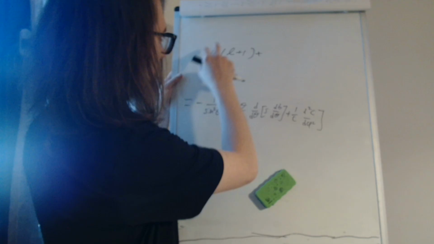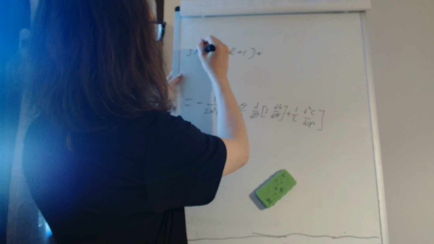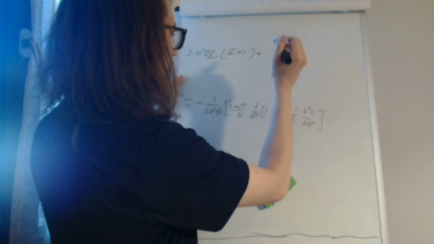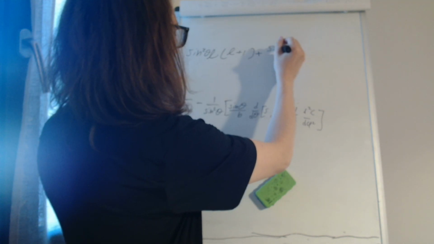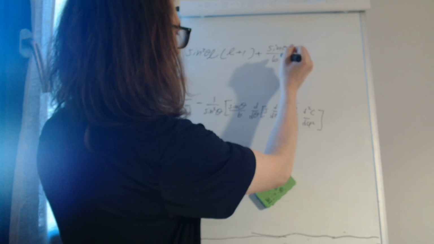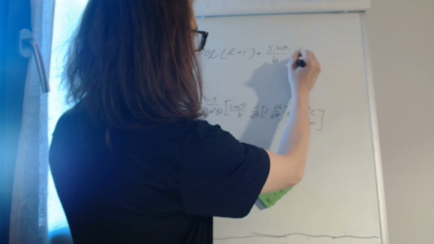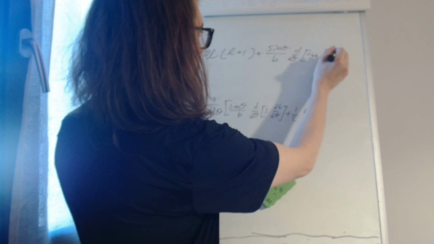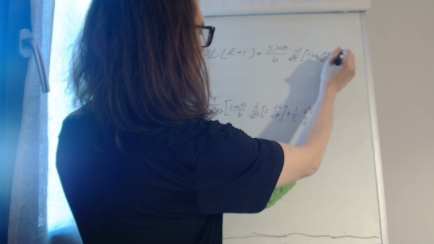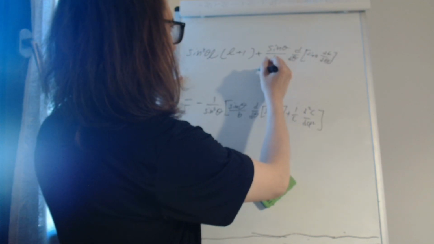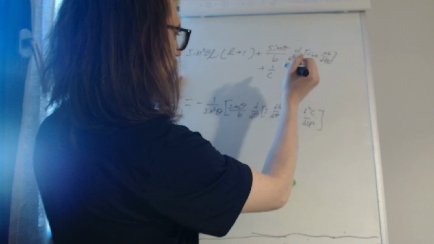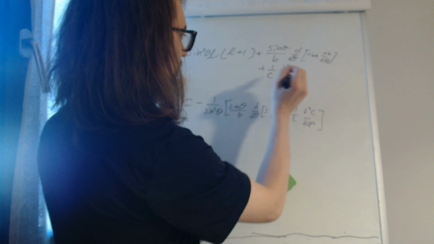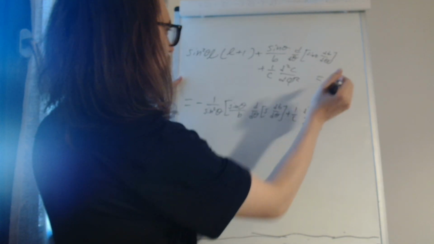We put everything in there and we multiply by sine squared theta, so we get this, plus sine of theta divided by Θ, d in dθ of sine of theta dΘ in dθ, plus 1 divided by Φ d squared Φ on dφ squared equal 0.